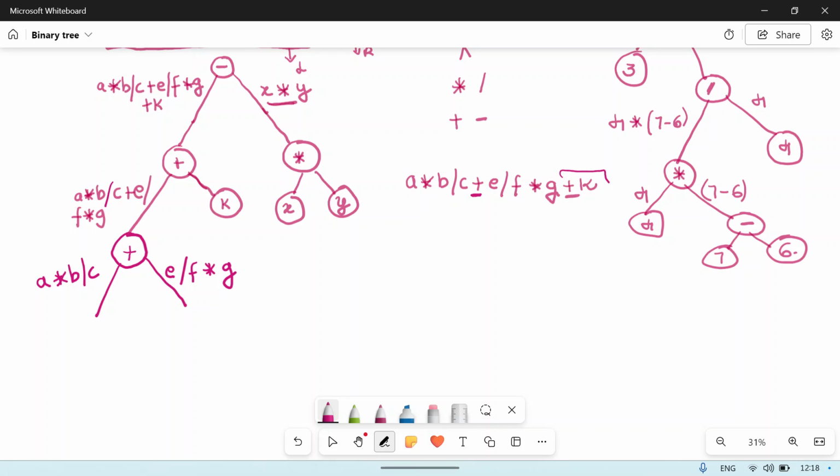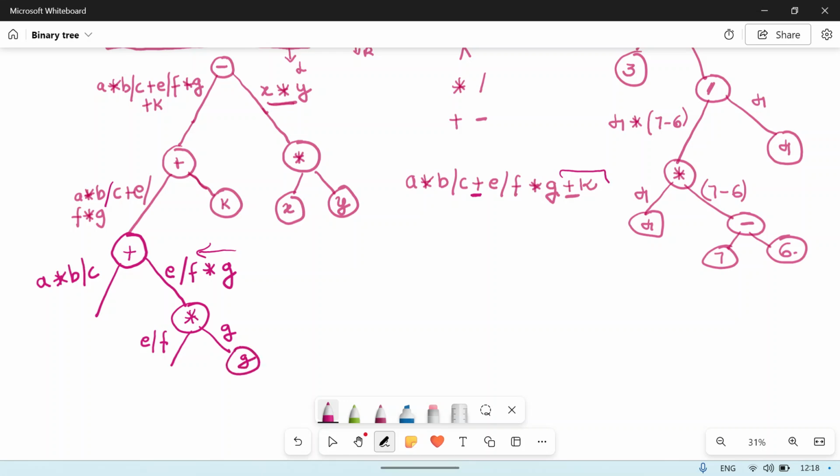So I have division and I have multiplication. Both have equal precedence, but when you come from right to left, star has the least precedence. So this will be E divided by F, and this is just G.